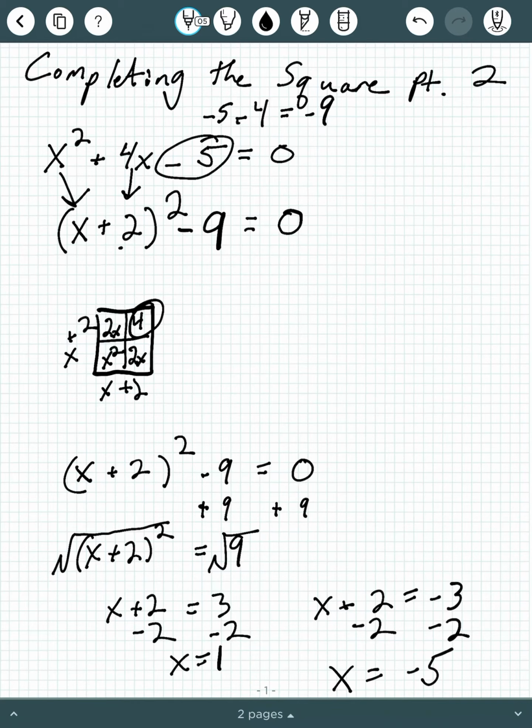You can see another example and hear me talk a little bit more detailed about this process if you go back to the video from last week on completing the square. But the purpose of this video today is actually to talk about ones that maybe look a little bit less familiar.